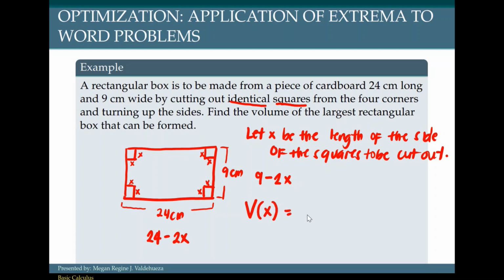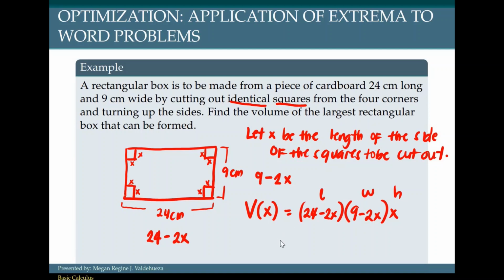Since the volume of the box is length times width times height, so we have 24 minus 2x times 9 minus 2x times x. That is the length, the width, and the height, right?